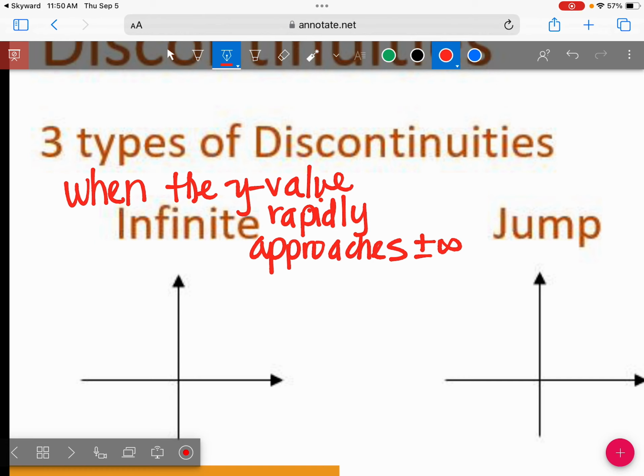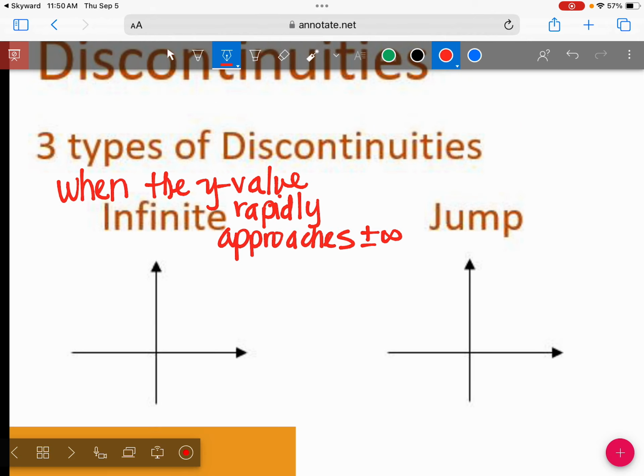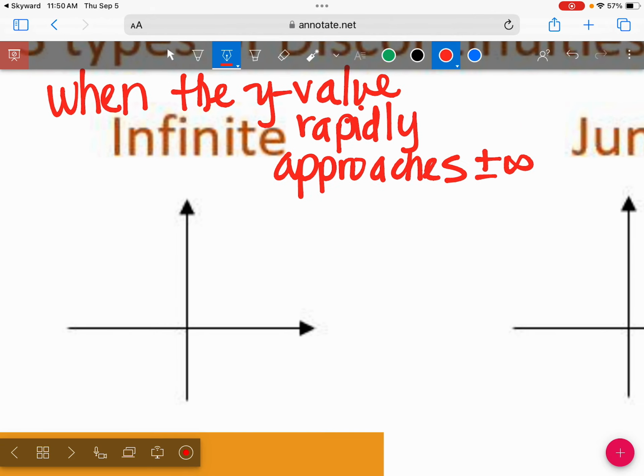So I'm going to draw an example of what that could look like. And we're actually going to graph this in chapter 4. So we're just going to do a sample.